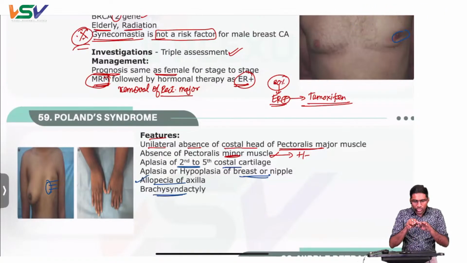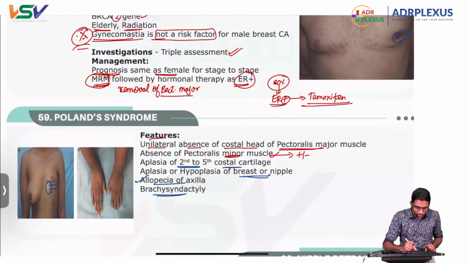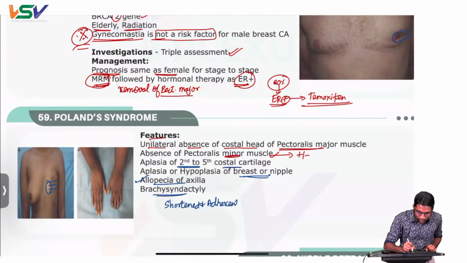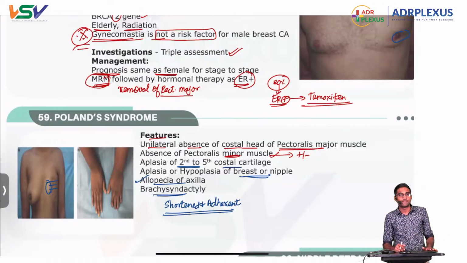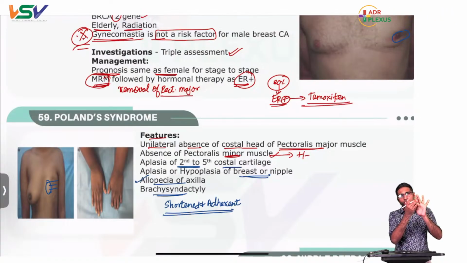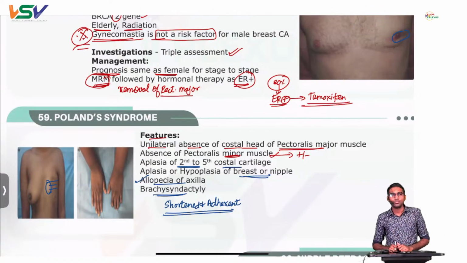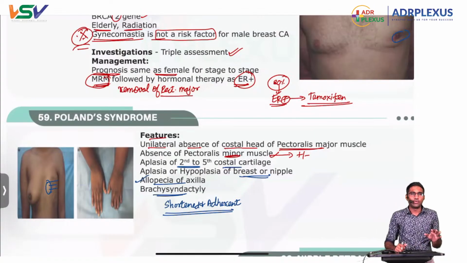Brachysyndactyly means all the fingers will be shortened in length and they will be adherent to each other, clumped to each other. So this Poland syndrome is a very important question. You have to remember these 5 points.